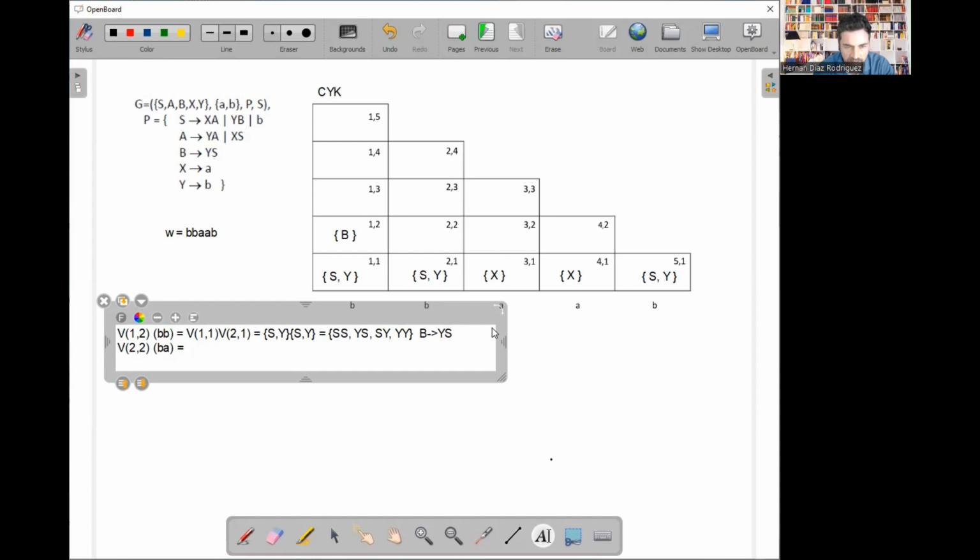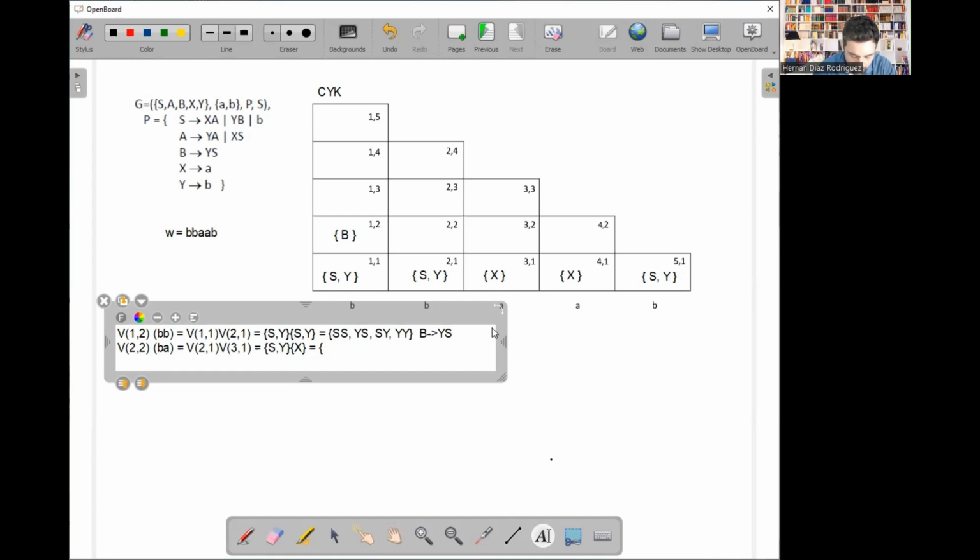So to do this, we can look into what is in the position 2 taking 1 character, and what is in the position 3 taking 1 character. And this is Y or X, chained with X, sorry.